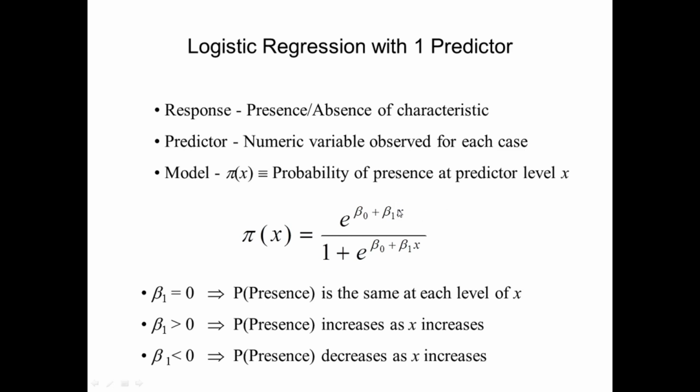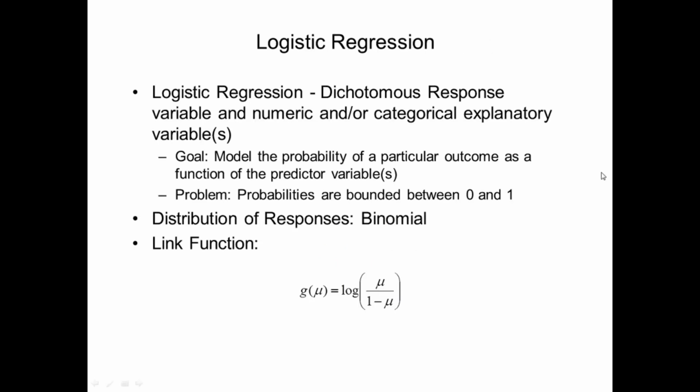If we just express a linear relationship, we can find negative probabilities or probabilities greater than one, which is not good according to probability theory. So the distribution of the response is binomial, and the link function is given on your screen. We will explain it in a minute.